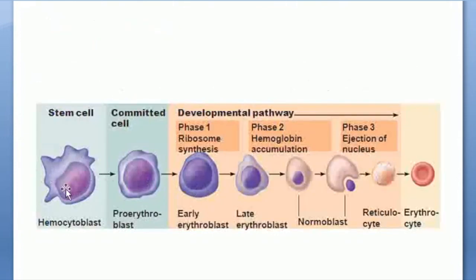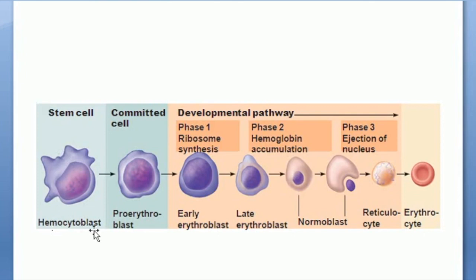Look here, all blood cell types develop from a bone marrow stem cell. That's different than the stem cells you hear about on the news. Okay? These are stem cells just in the bone marrow, so really they only have the potential to become blood cells. Therefore, their actual name is hemocytoblast.